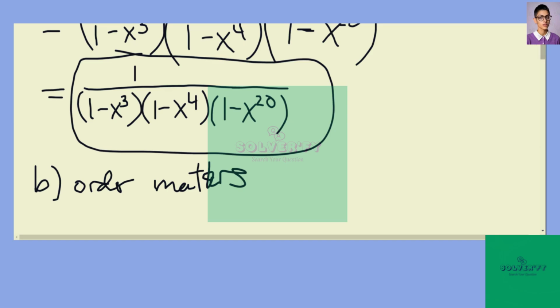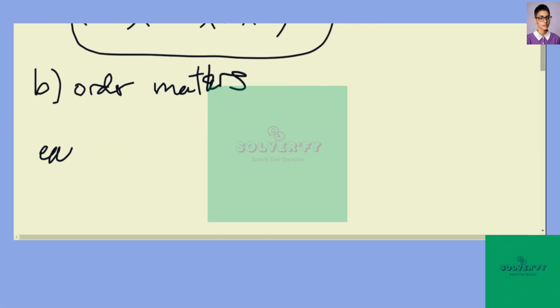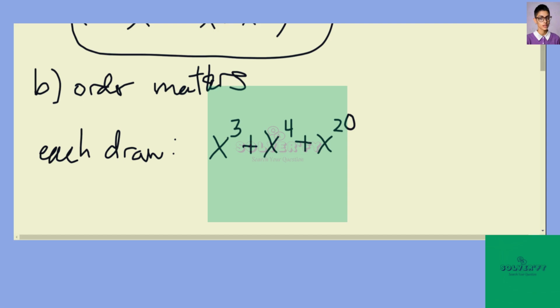So on each draw, we have the series x cubed plus x to the 4th plus x to the 20th. So 3 different choices.